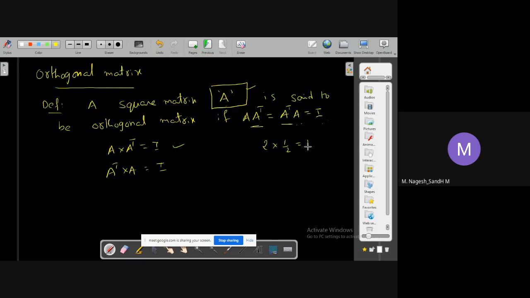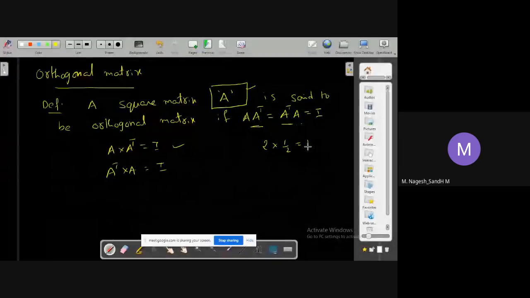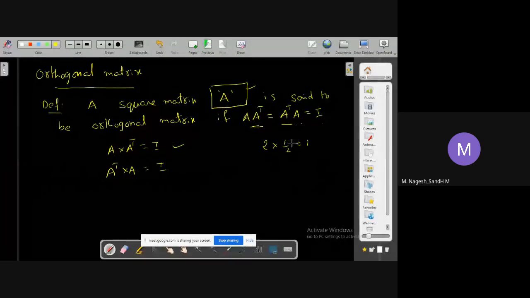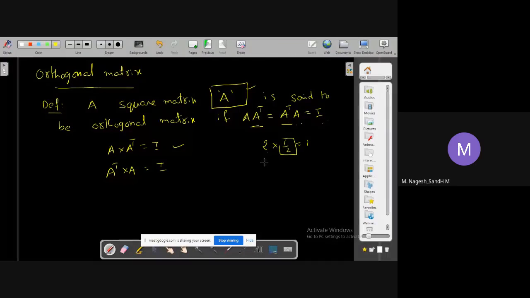Rational number, yes, but I want the multiplicative inverse. 2 into 1 by 2 equal to 1. Therefore, 1 by 2 is the inverse of 2, or 2 is the inverse of 1 by 2.